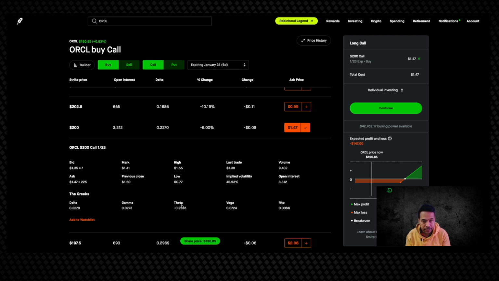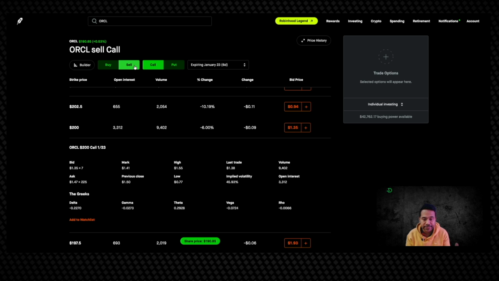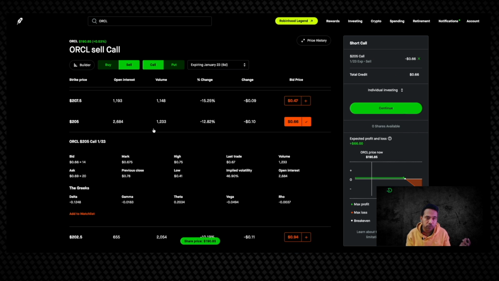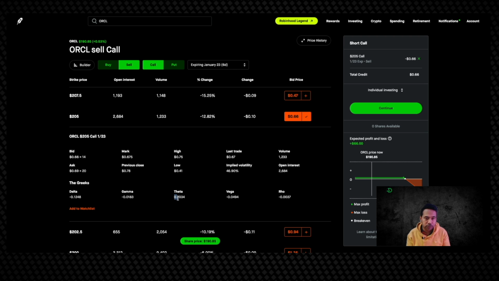Now the second one is theta, and theta is very important. Most of my trades are from option selling, so theta is very important. But to understand theta, it's better to do the sell call, which is a covered call. So let's say you do a covered call of 205 here. Look at the theta. Theta is 20. That means every day that you hold this position, you're going to be gaining $20.